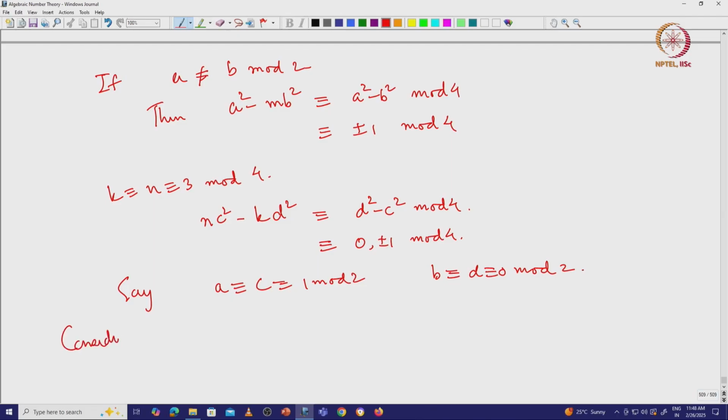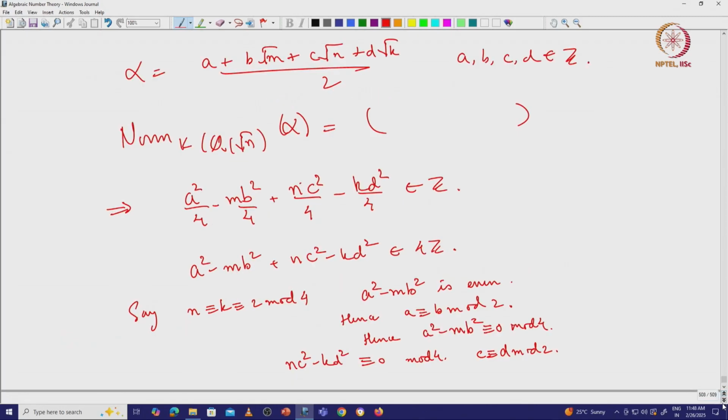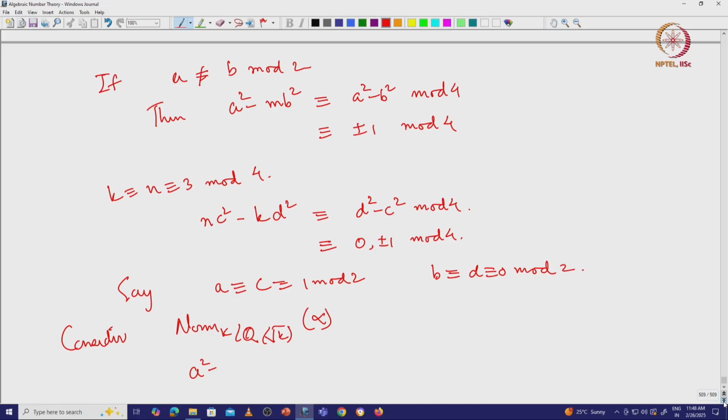Then I can consider the norm from K to Q square root of k this time of alpha, and I'll get something like a square minus m b square minus c n square plus d k squared is in 4z, right.